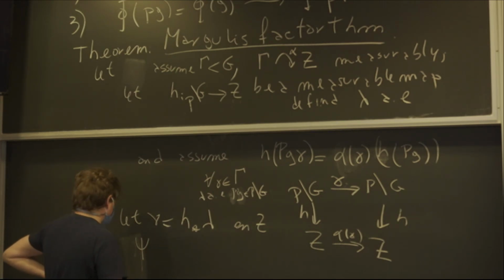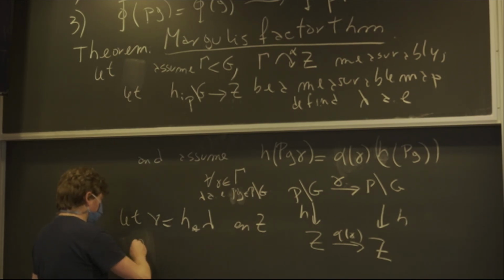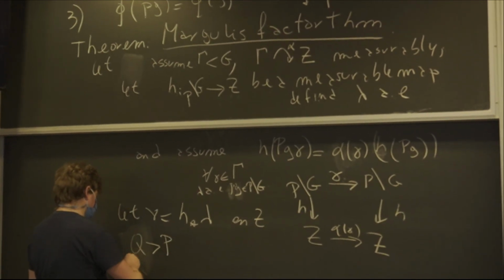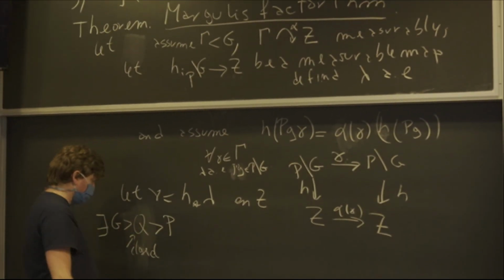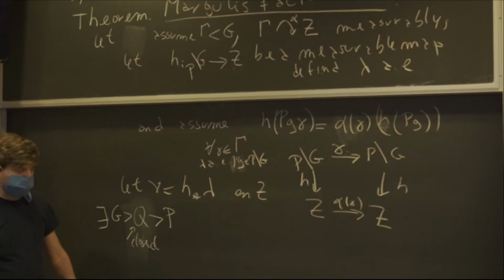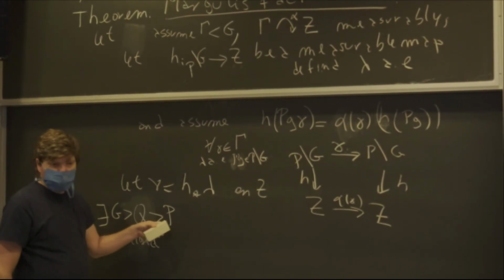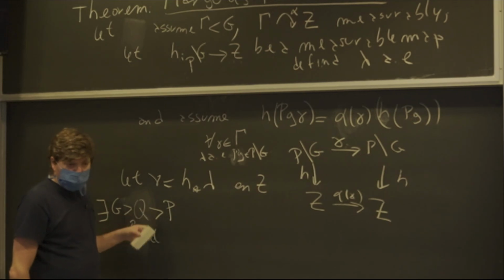It's a letter. So psi, well, there is, first of all, there is Q, closed subgroup of G, so that's what is called a parabolic subgroup. Whenever you contain P and are closed, you are called parabolic.